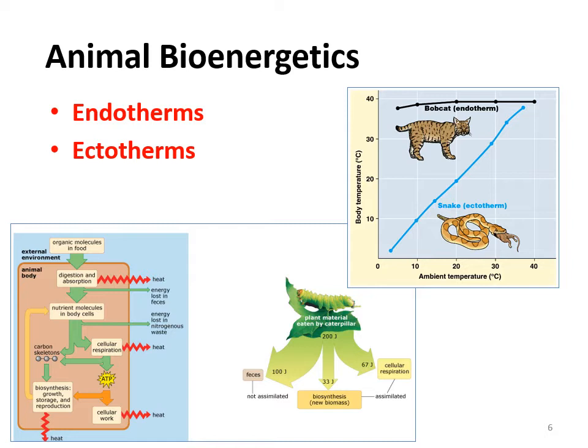Now, the alternative is to be an ectotherm. And ectotherms basically don't have the usual fur, fat, feathers that really insulate and conserve body heat the way that endotherms do.